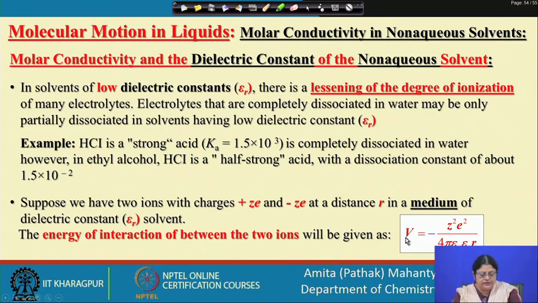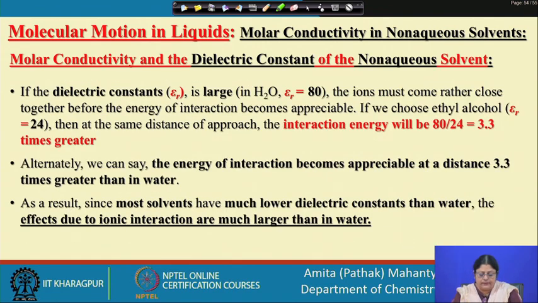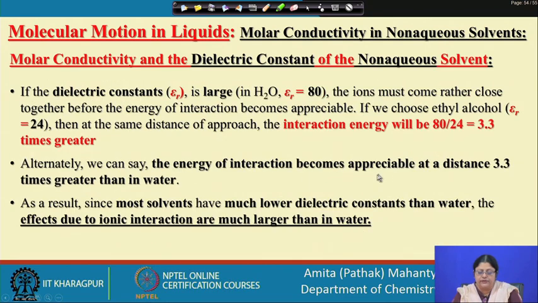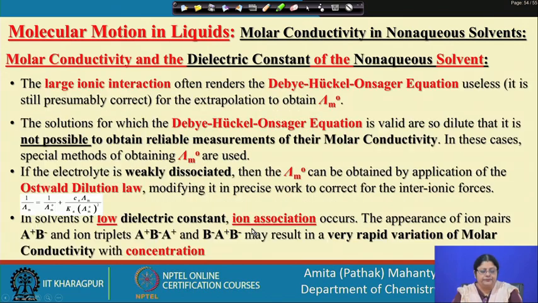So the energy of interaction between the ions is lowered, and if I compare water and ethanol, it becomes appreciable at a distance 3.3 times greater than in water. Since most solvents have a dielectric constant lower than that of water, the effects due to ionic interactions are much larger compared to the other solvents.